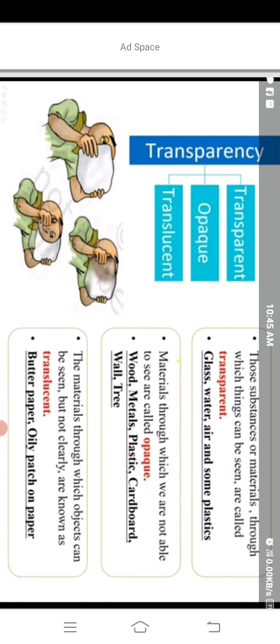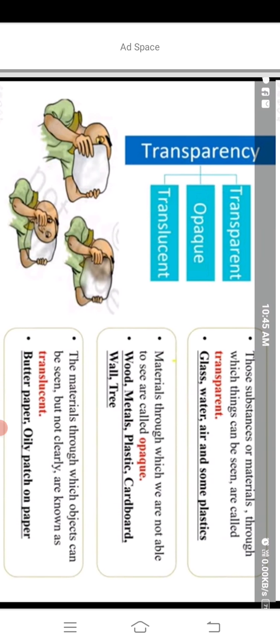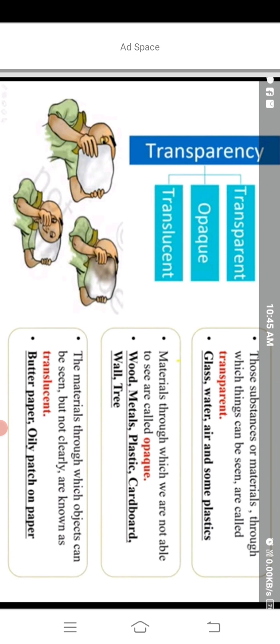First, transparent materials: those substances or materials through which things can be seen are called transparent materials. Examples: glass, water, air and some plastics.